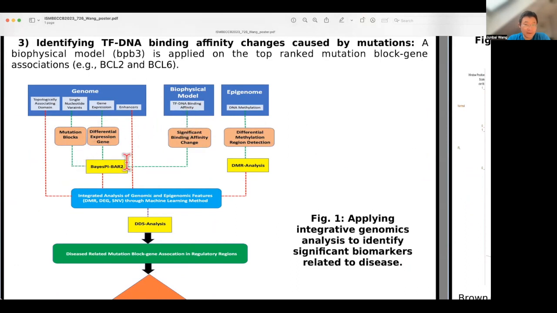And here there are mainly three packages, like BasePair Bar, a binding affinity ranking method to combine the mutation block and the differential expression information. And another method called DMR analysis, the differential methylation analysis pipeline, to find the genome-wide methylation pattern based on whole genome methylation data.